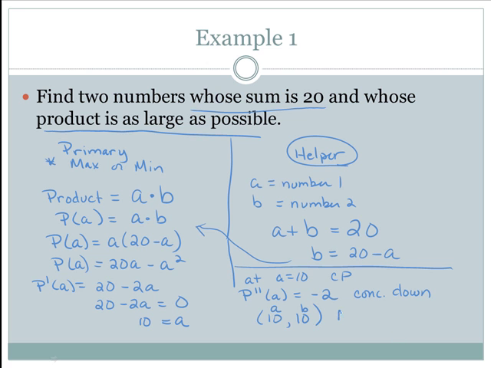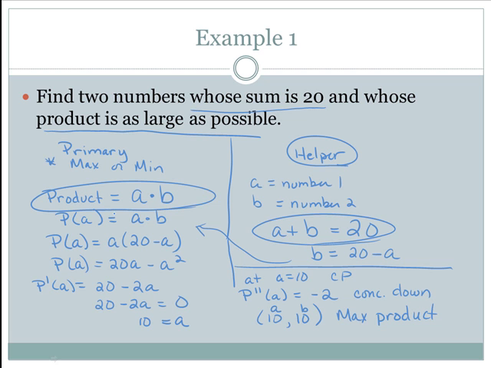We have a maximum product. So the largest product that you can get if the two numbers add up to 20 is 100, because it would be 10 for A and 10 for B.